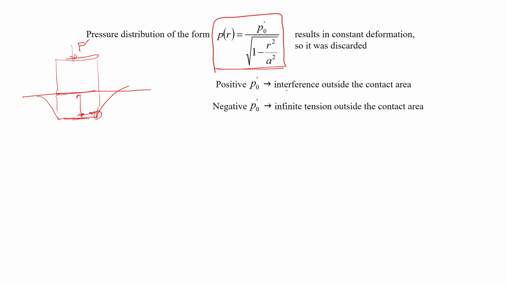We do not need that. And if P0 dash is negative, then there is infinite tension outside the contact area, because in this region there is a singularity. So when we do not have an interaction, this particular pressure distribution actually is not there.